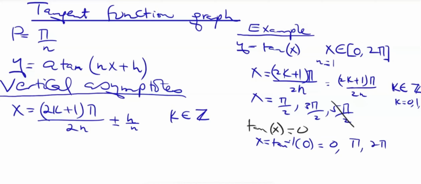So my graph should look something similar to this. I label my vertical asymptotes, which in this case are a half pi, and my other asymptote is 3 pi on 2.